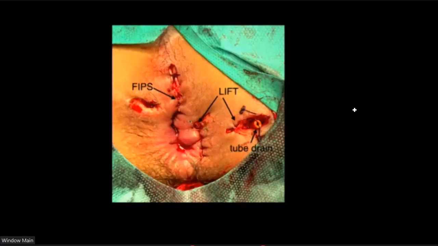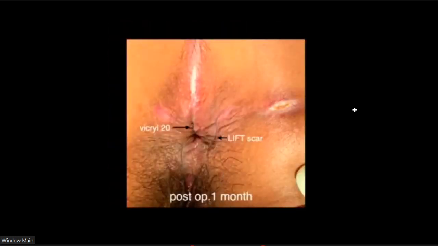The second one, I use the LIFT for here and use the LIFT for here in the same wound. This is high trans, not low trans. And I put a tube into the ischioanal space. In fact, this type is very rare, quite rare. Okay? And at 1 month, you can see it here very nice. Almost no wound here.